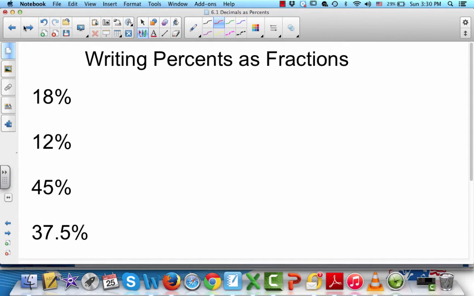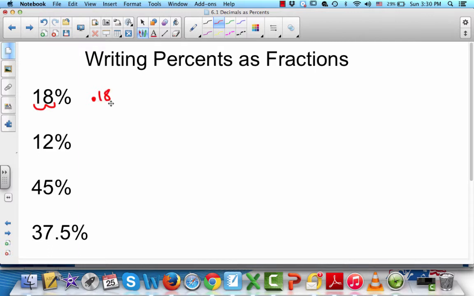Alright, so what we've got to do, the first thing you do is make it into a decimal. So we've got 18%, we move it 2 places to the left, and that gives us 0.18. Now, when you read that, without saying 0.18, you read it as 18/100ths.